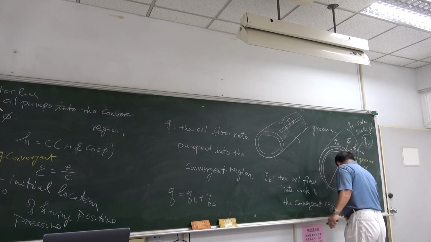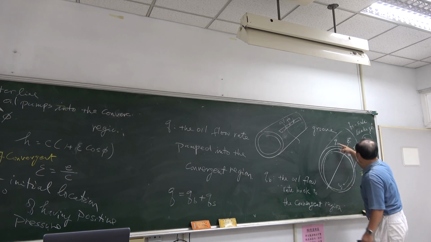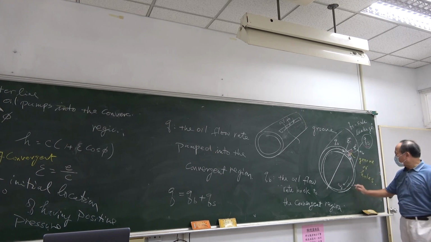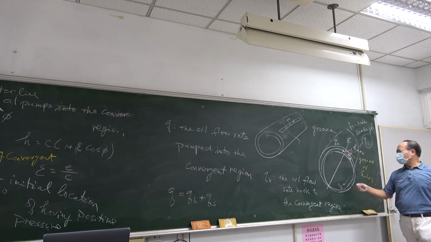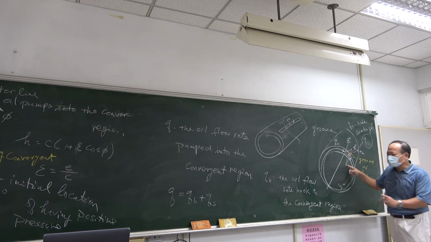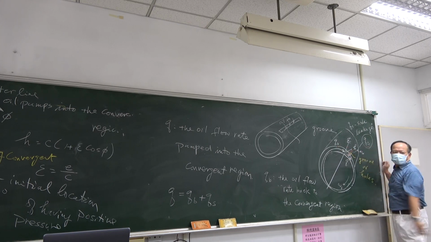And then this is QB. QB plus QS, then there is a new quantity. This new quantity is provided to the conversion area. This we call the Q. So Q is the sum of QB plus QS.